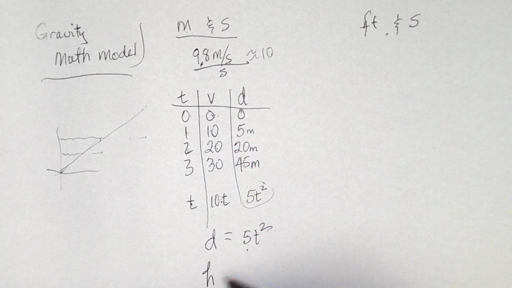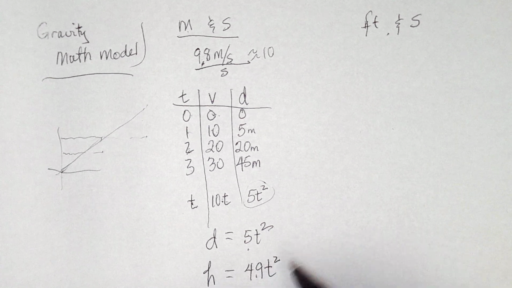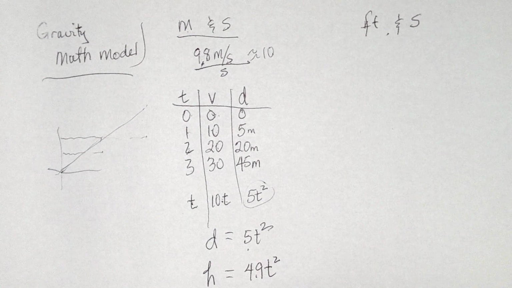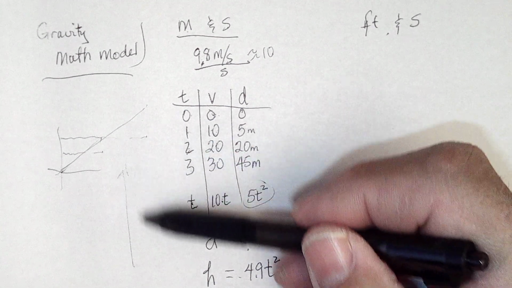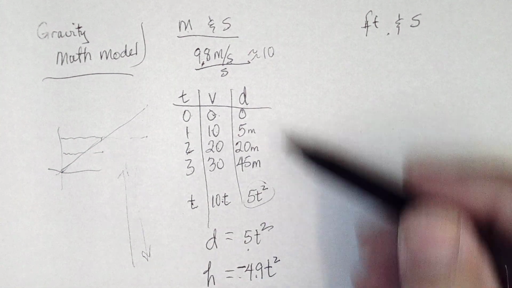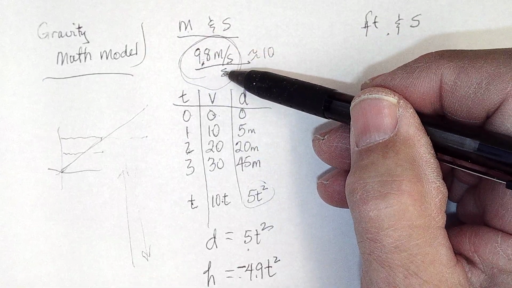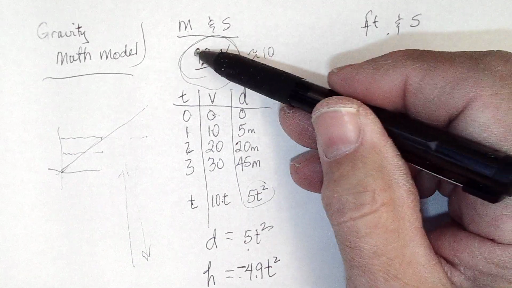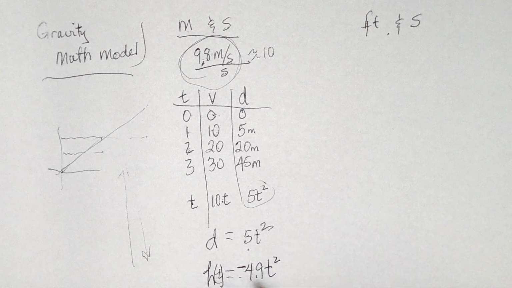So the distance will be 4.9t squared. That's the distance it's fallen. So now if I count up as positive instead of down as positive, it would be negative 4.9t squared. The 9.8 is the acceleration due to gravity at the surface of the Earth, so the height of this object after t seconds is negative 4.9t squared.